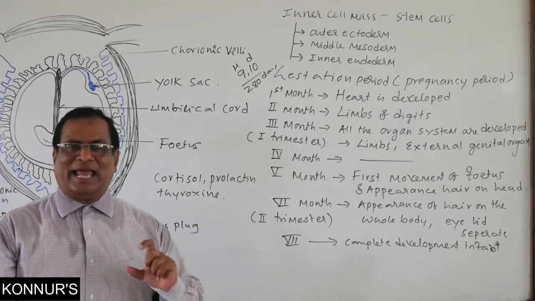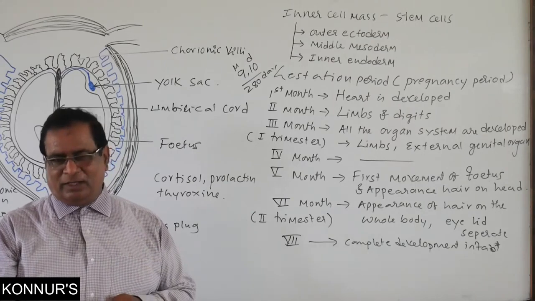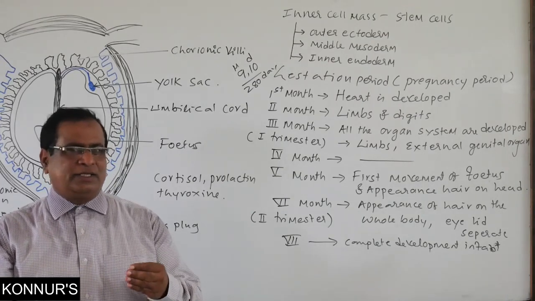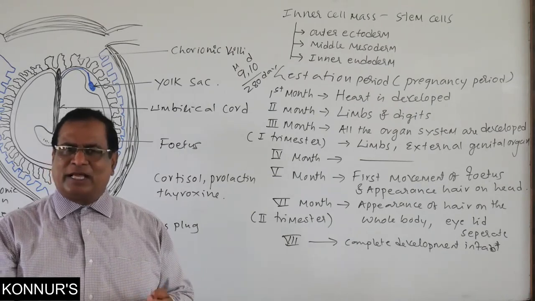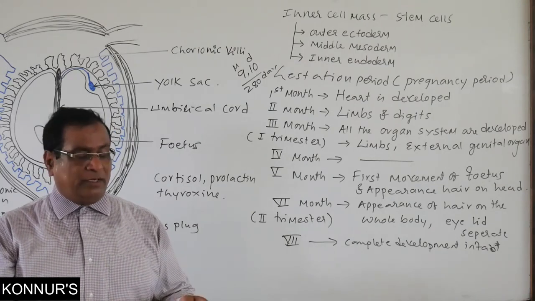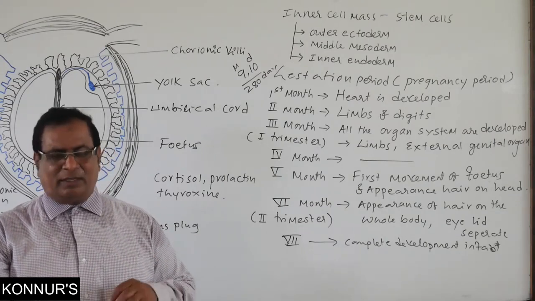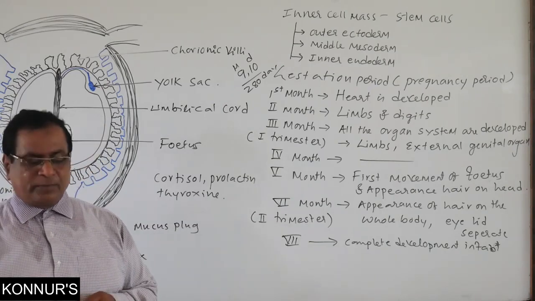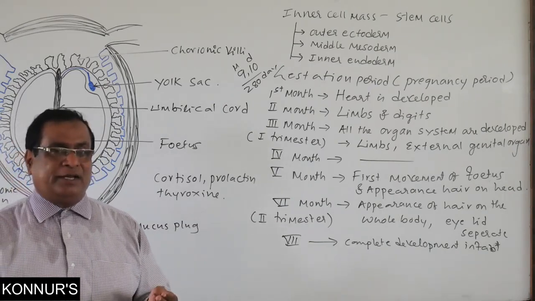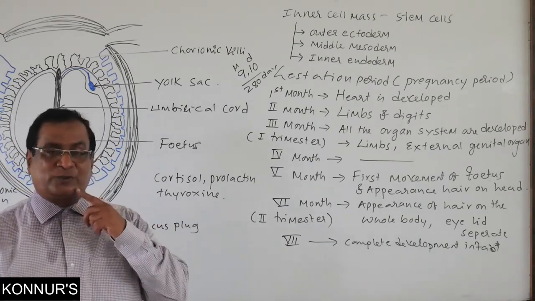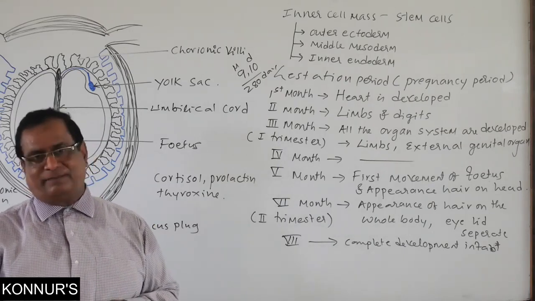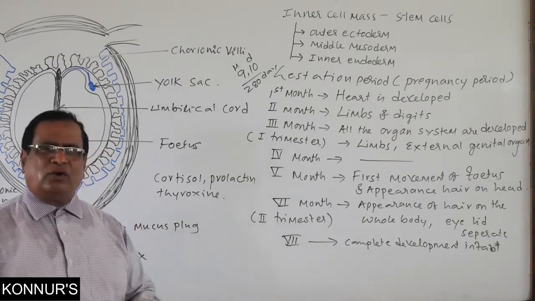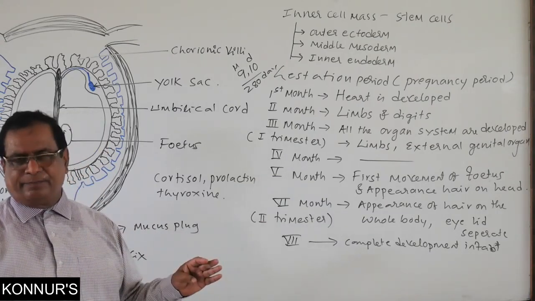The uterus is a natural incubator. Even if delivery takes place during 7 months, that baby survives. But for a premature delivery during 7 months, the baby can be placed in an incubator in hospital for a few days because it's very delicate. By 7 months, there is complete development as well.